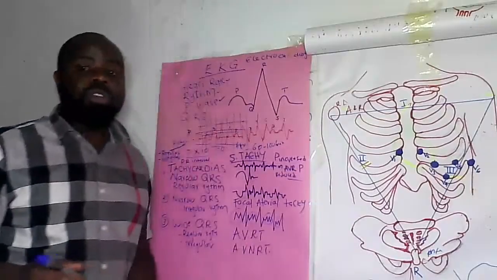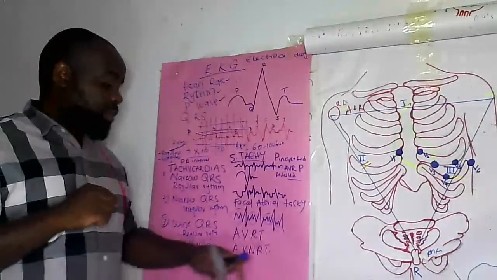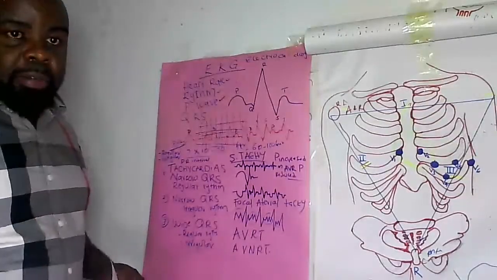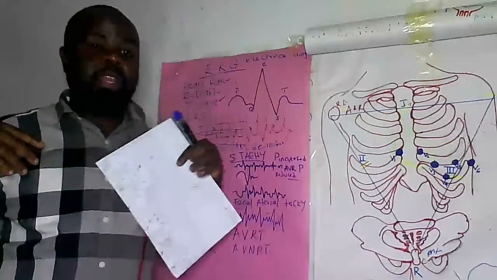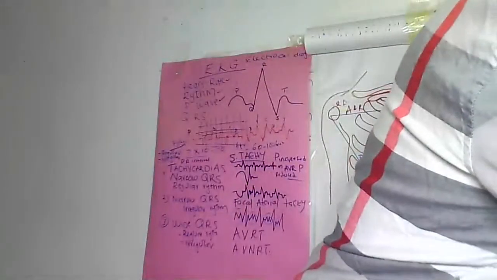You remember about atrioventricular reentrant tachycardia and atrioventricular nodal reentrant tachycardia. The focal point, the Kent point on the right side of the heart is making, let me get this side and explain.